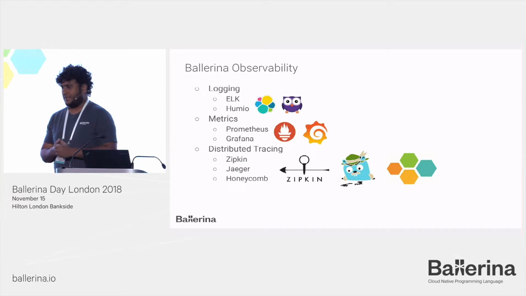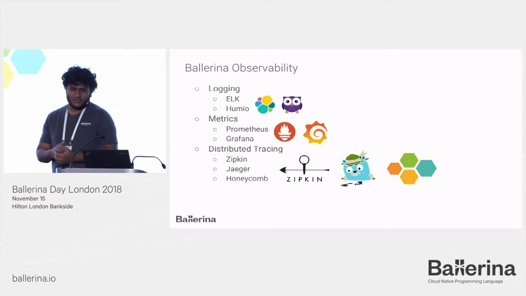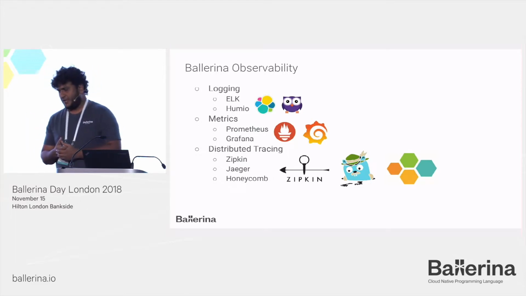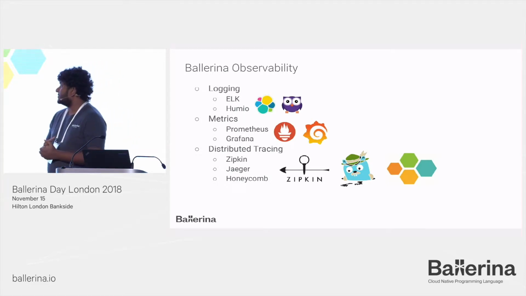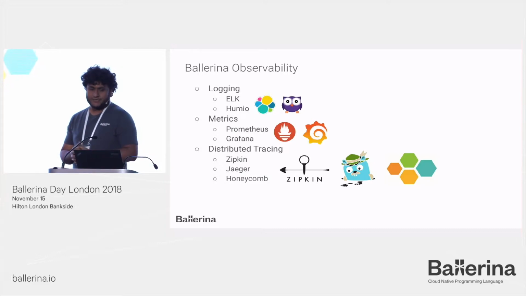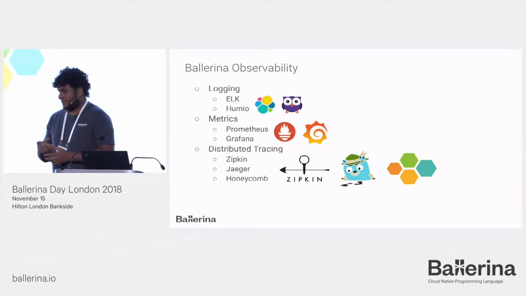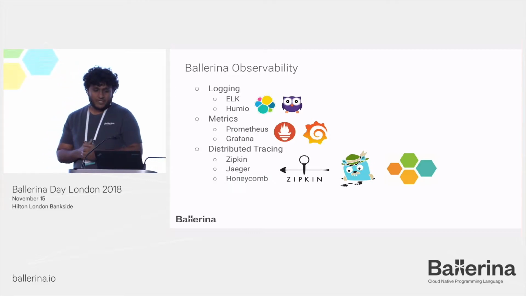And also we have pluggability support for other solutions as well. You can see here, we have done integrations with ELK, Humio, and for metrics we have Prometheus, Grafana support, and also distributed tracing, Zipkin, Jaeger, and also another partner of ours, Honeycomb. We have done some integrations.